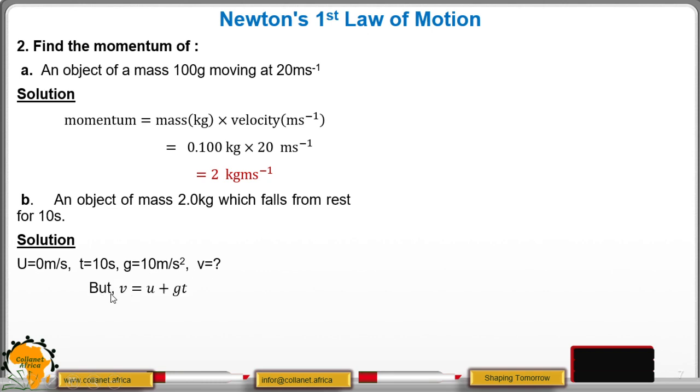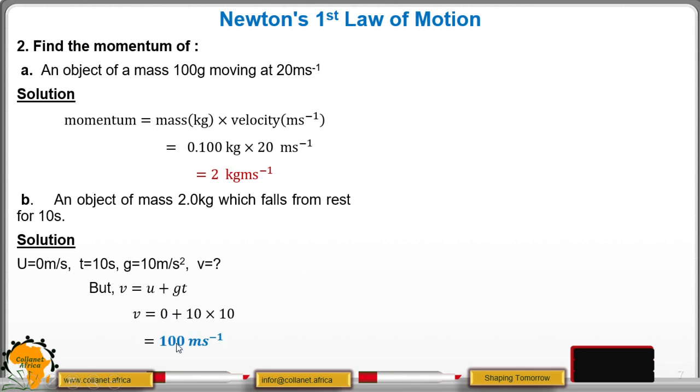Here, we can use the first equation of linear motion, where we have v is equal to u plus gt, where v is the final velocity, u is the initial velocity, g is the acceleration due to gravity, and t is the time taken. So when you substitute the values, you have that u is equal to 0, g is 10, and t is 10.